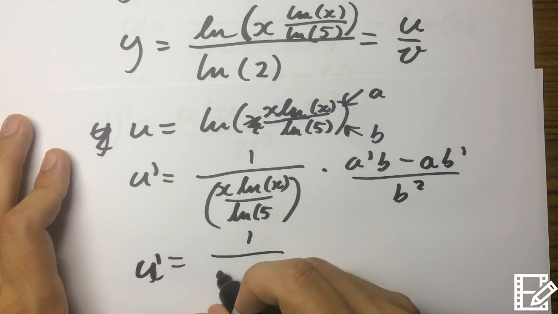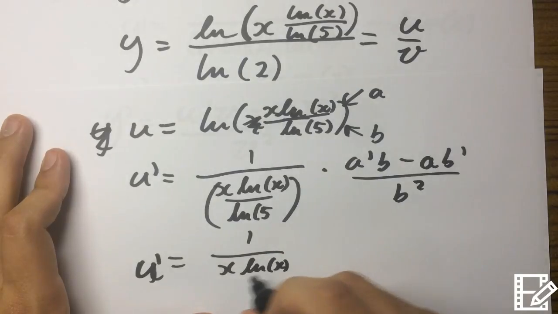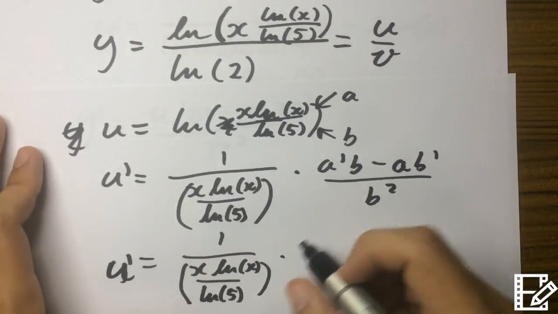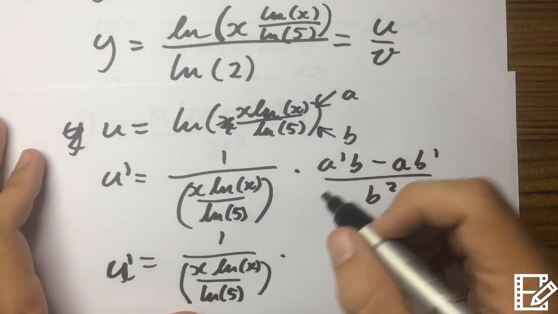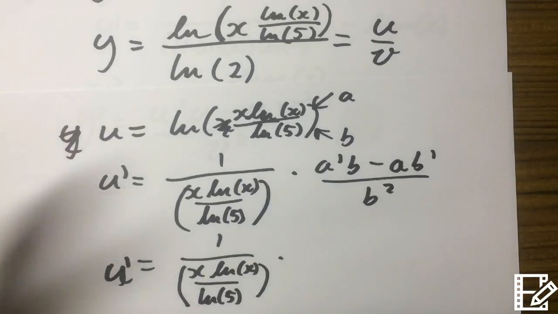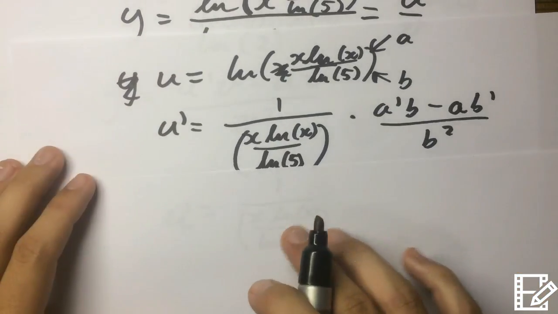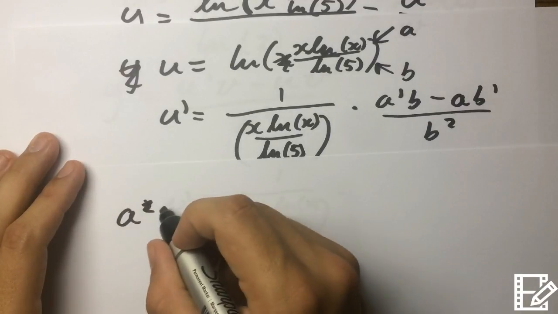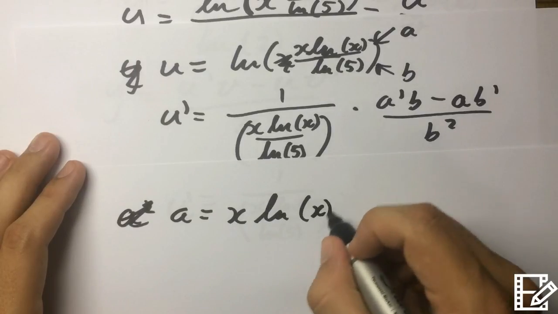Okay, so we still have our x ln x over ln of 5, multiplied by, if a is x ln of x, a dash, well, yet again we're going to need another bit of paper, which says a is x ln of x.